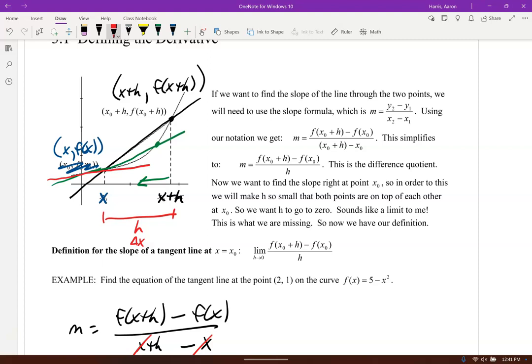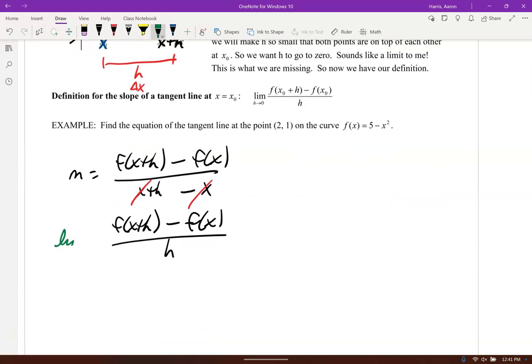If I move it in a little more, now my slope's a little closer, a little better estimation, right? So really I want to move it all the way in, if you will. In other words, I want to run the limit on that as that h distance goes to 0.